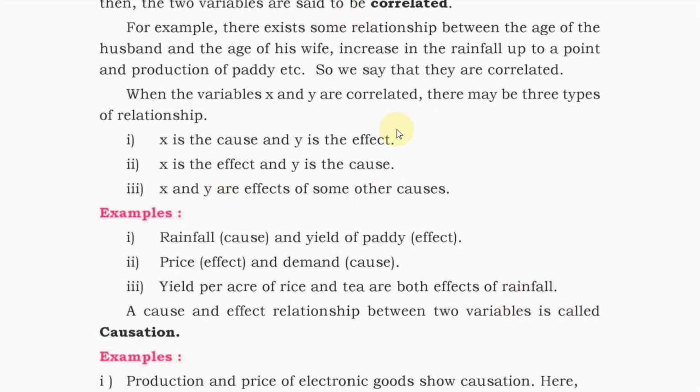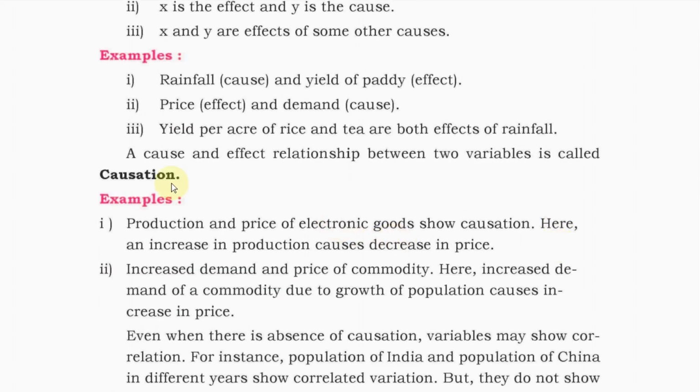So if you observe these statements and the examples, there are two words common here: cause and effect. Okay. So this cause and effect relation between two variables is called causation. So where one variable is a cause and the other variable is an effect. Okay. Or both are effects of some other cause.